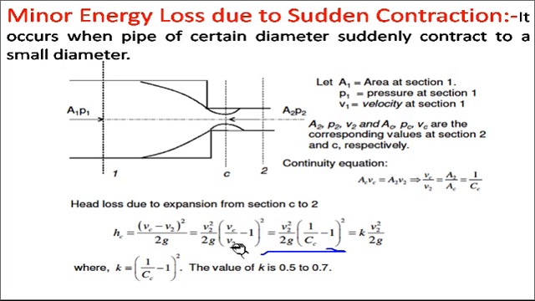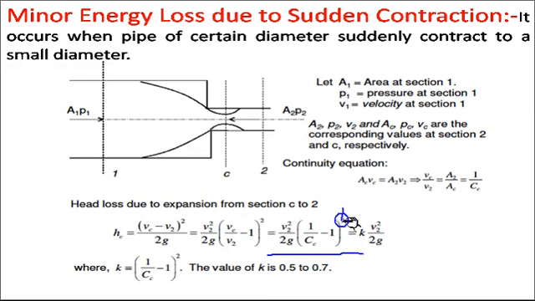Remember that in this equation we have head loss is equal to V2 square upon 2g into (Vc upon V2 minus 1) whole square. We are going to put the value of Vc upon V2 from the continuity equation, and that value is 1 upon Cc. After putting the value of 1 upon Cc into this equation, we have V2 square upon 2g into (1 upon Cc minus 1) whole square.